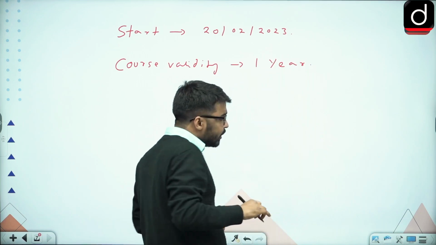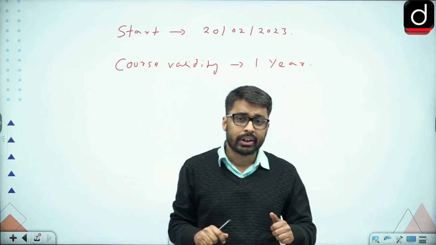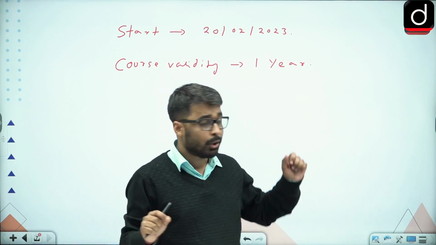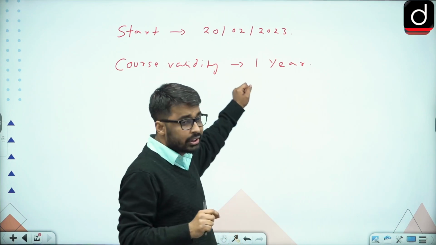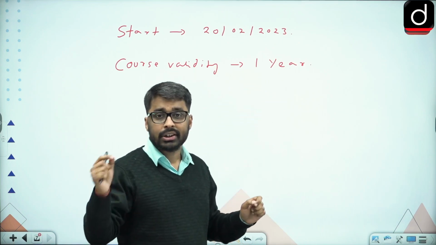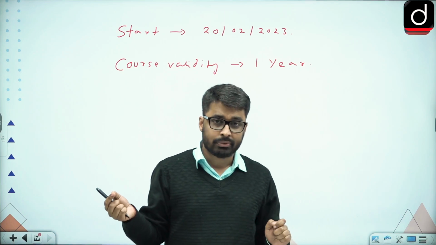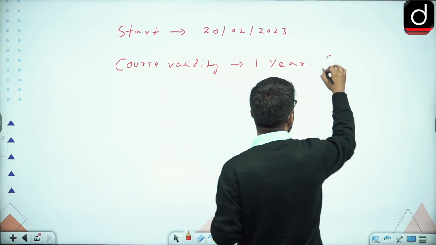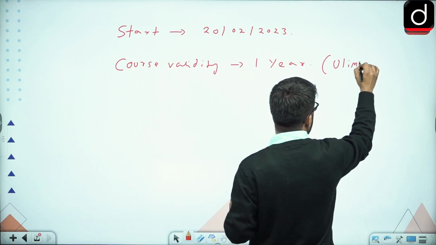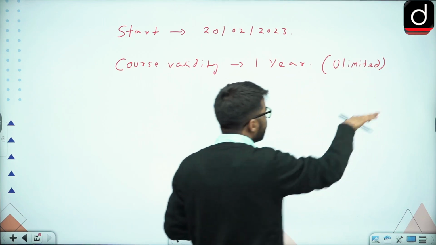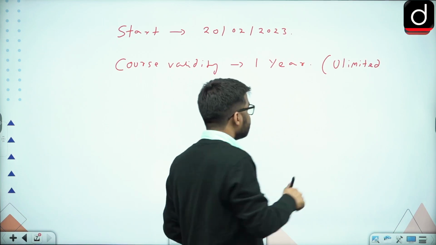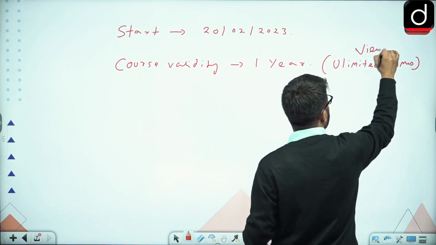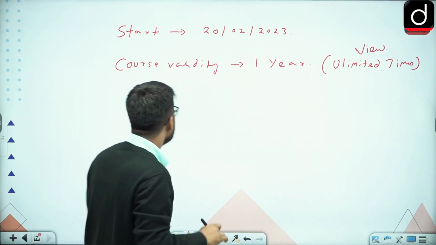By this I mean that you can see the recordings of your live classes till 1 year, right? And all the classes are going to be on the Drishti Learning App, and the recordings will be uploaded after the end of the class, so that you can see them, and the viewing is unlimited. You can see these classes an unlimited number of times. There is no bar on this view.